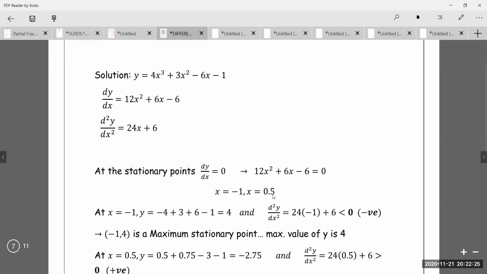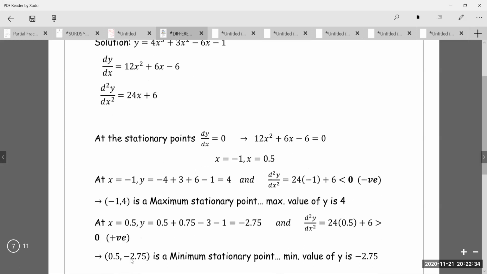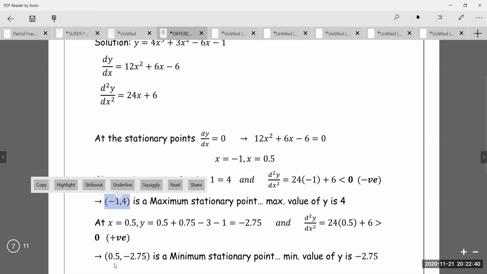Plugging in x as a half, I get (1/2, -2.75). Now I have two stationary points, one minimum and one maximum.